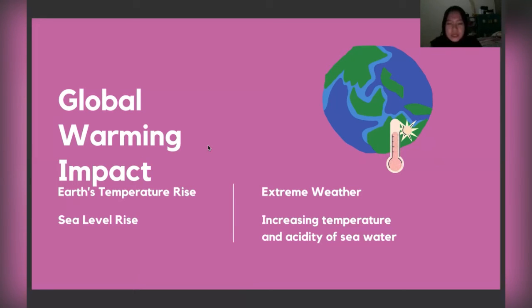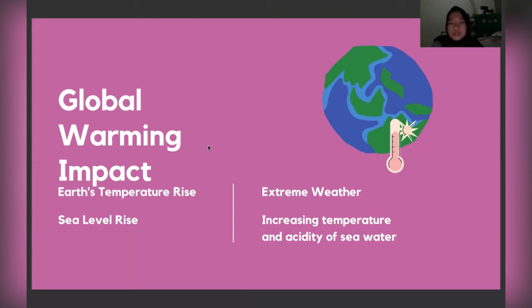And the next is extreme weather. Global warming also has an effect on increasingly uncontrollable weather conditions. Various events due to extreme weather are also happening more frequently, starting from forest fires, drought, and also floods.